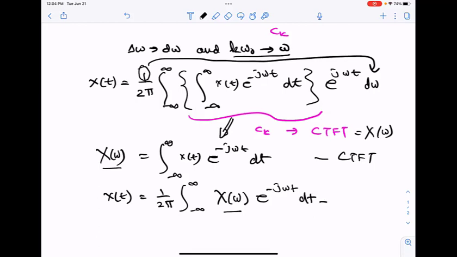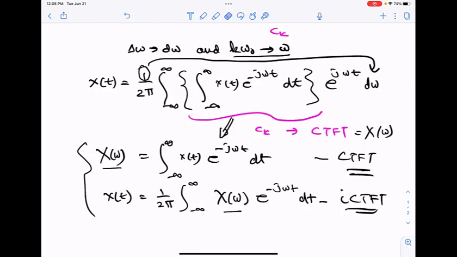So this is the inverse CTFT. So here we have developed the equations for the continuous time Fourier transform from the Fourier series equation. If it's not clear, perhaps you will rewind it and watch that again.